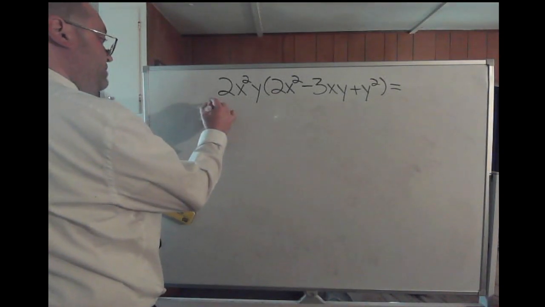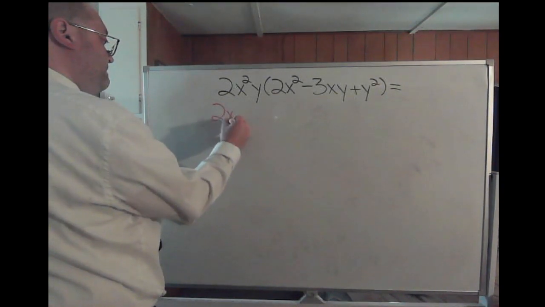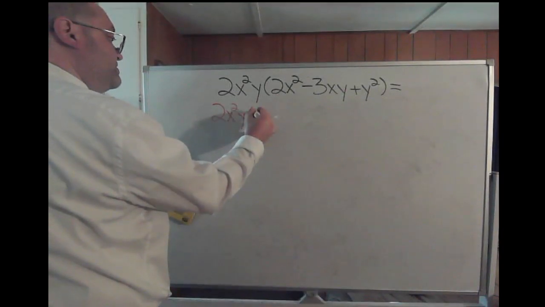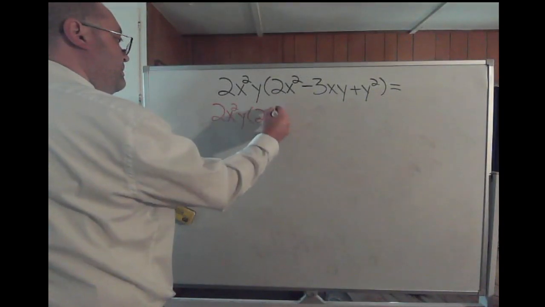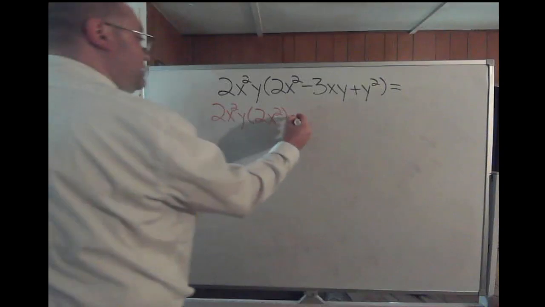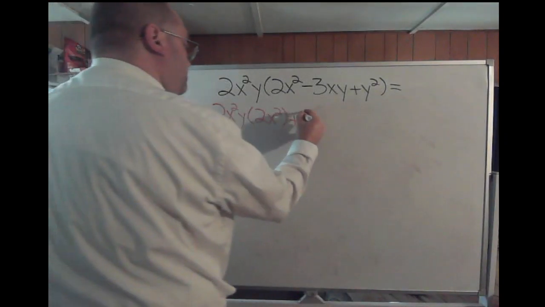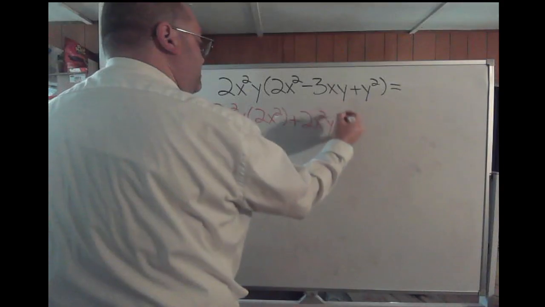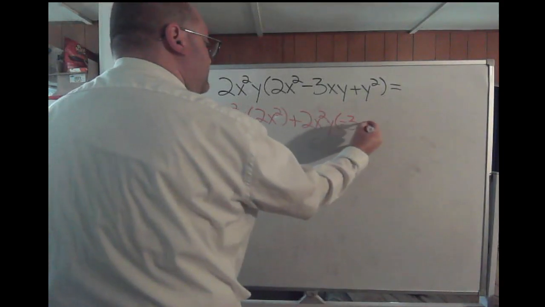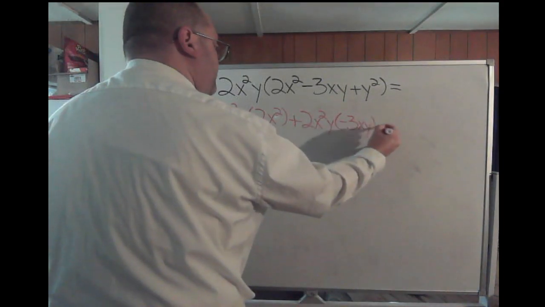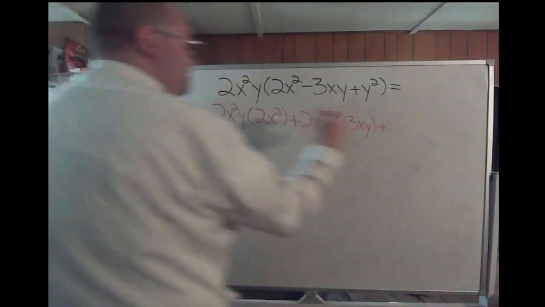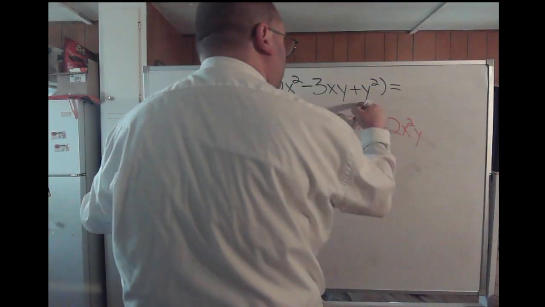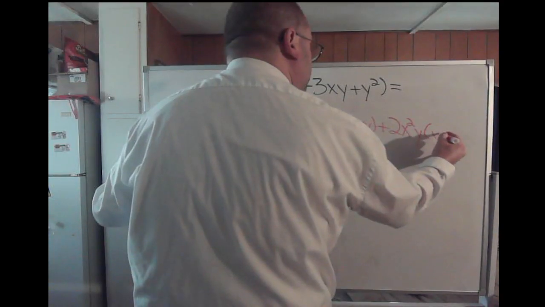You'll take your 2x squared y, so take that times the first term in the parentheses, the 2x squared, plus you'll take your 2x squared y, you'll take that times your middle term, the negative 3xy, plus you'll take your 2x squared y times the last term in the parentheses, which would be the y squared.